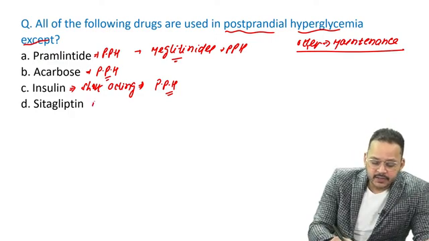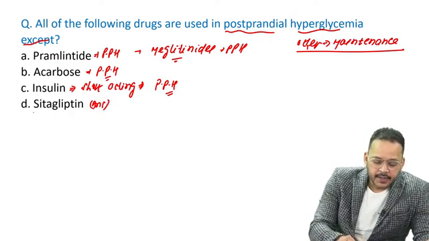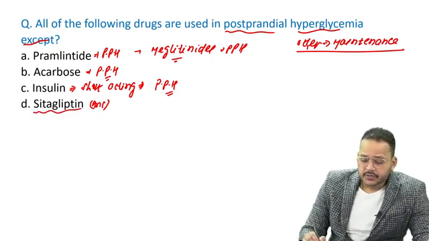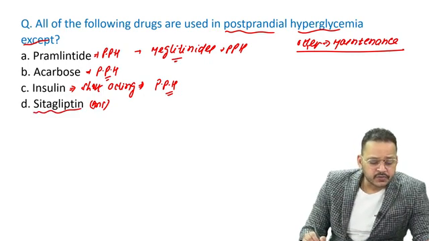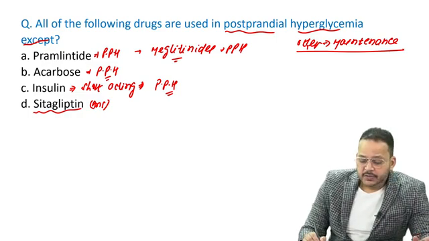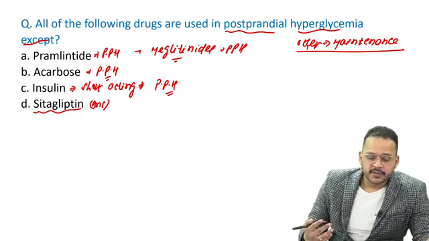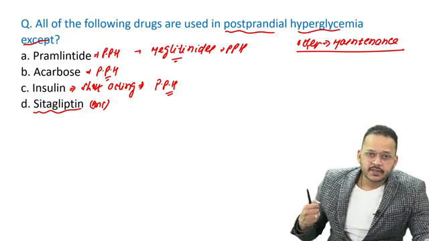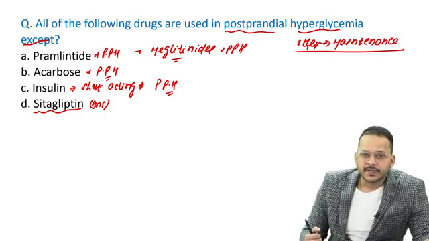So guys, the answer is sitagliptin. Sitagliptin is not used for postprandial hyperglycemia. It is used for maintenance, guys, right? So I was kind of hoping that all of you will think this is an easy question and directly jump onto sitagliptin and give me the right answer.